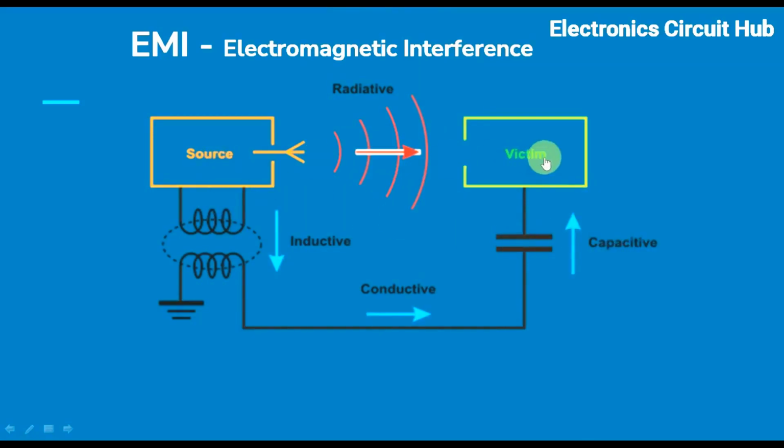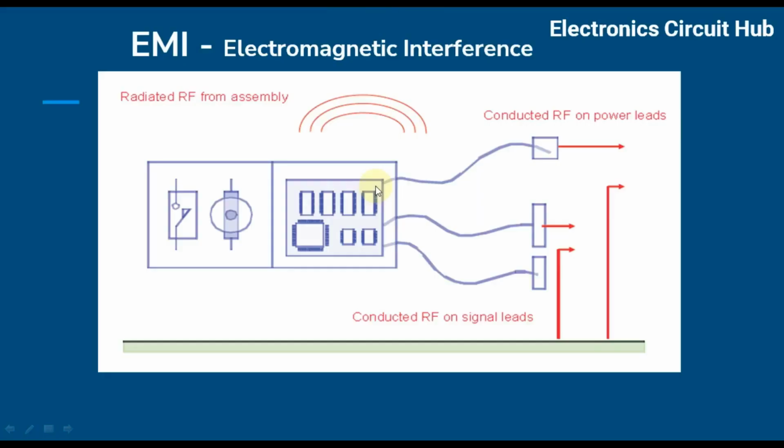From source to victim, you have different paths to get it disturbed. Your EMI can follow the inductive path or conductive path or capacitive path. It can also follow the radiative path to disturb the other system. So this is basically called EMI.